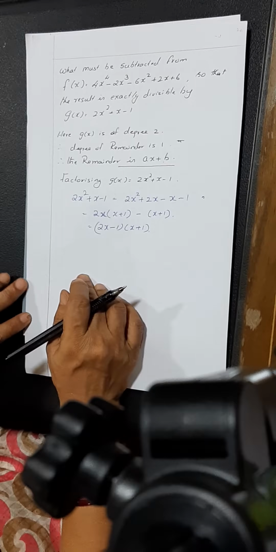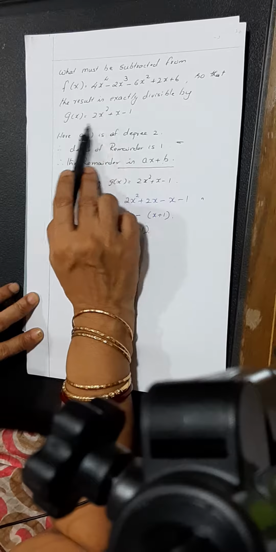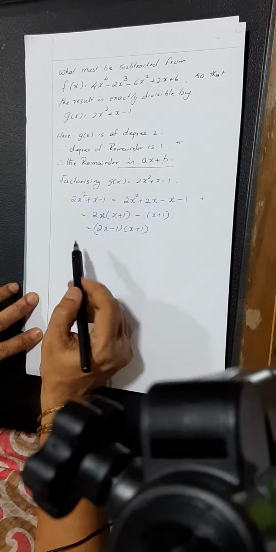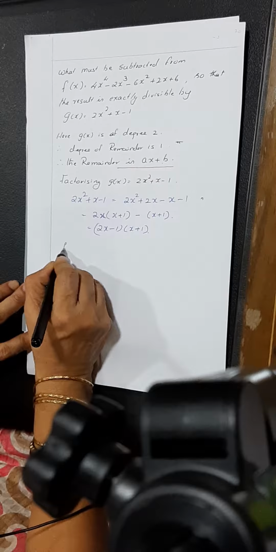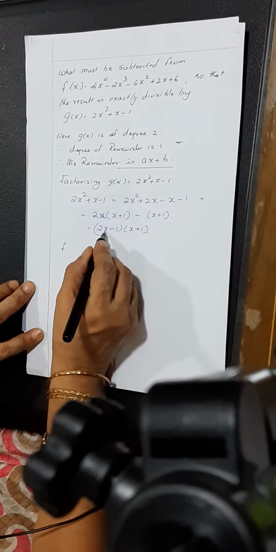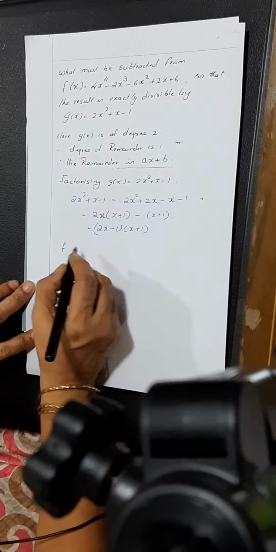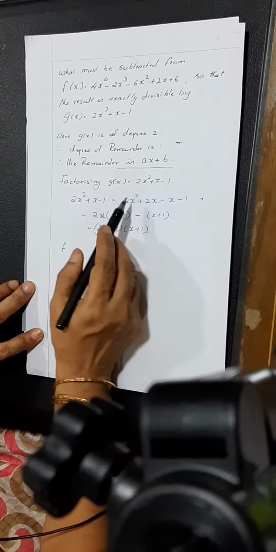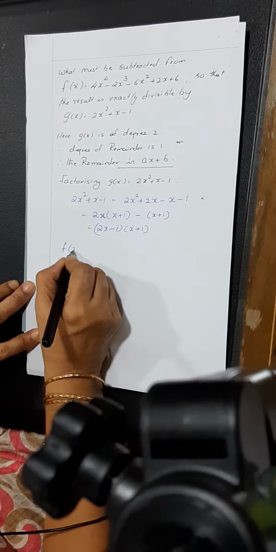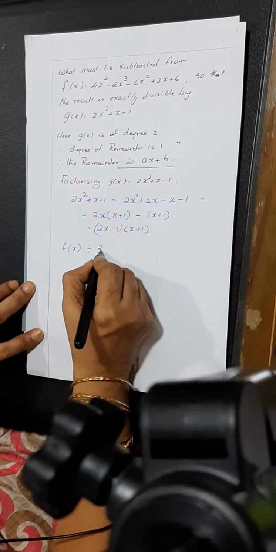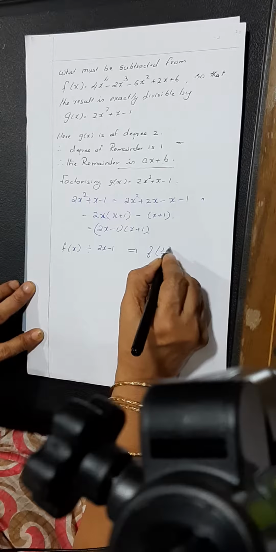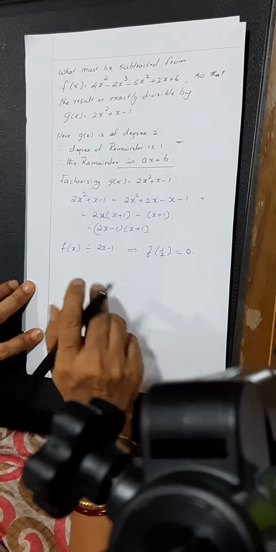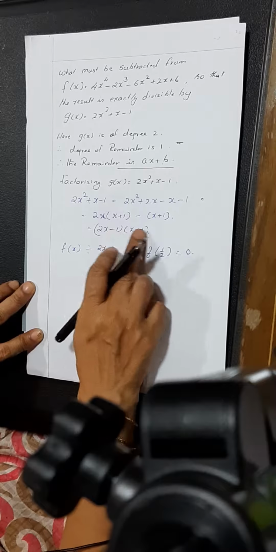Now, it is exactly divisible by g of x. So, now we have to find the zeros. f of x is divided by 2x minus 1, so f of half will be equal to 0 by the factor theorem. Similarly, f of x is also divided by x plus 1, because both these are factors.